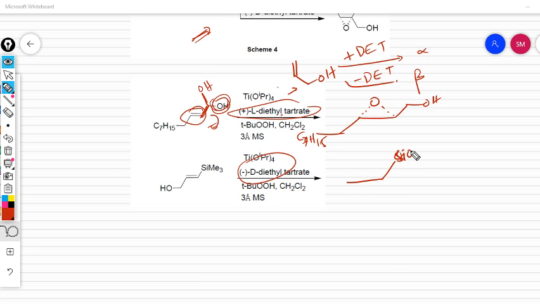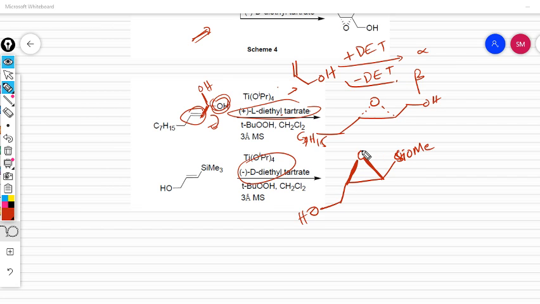So be careful. If you do not understand, repeat once again so that you can understand the mnemonics. This is called the mnemonic or stereochemistry governance. Okay, so how it is alpha, how it is beta.